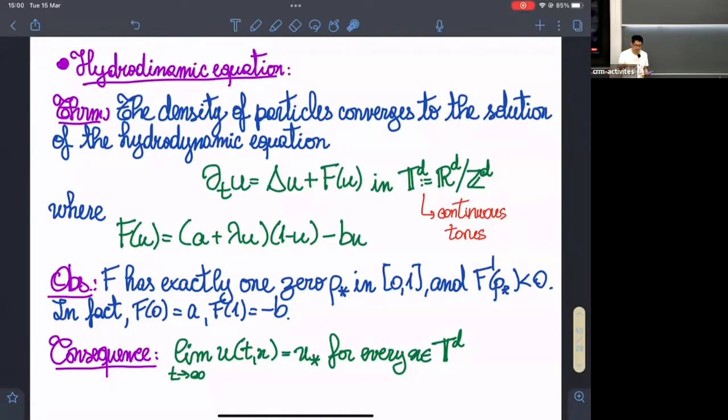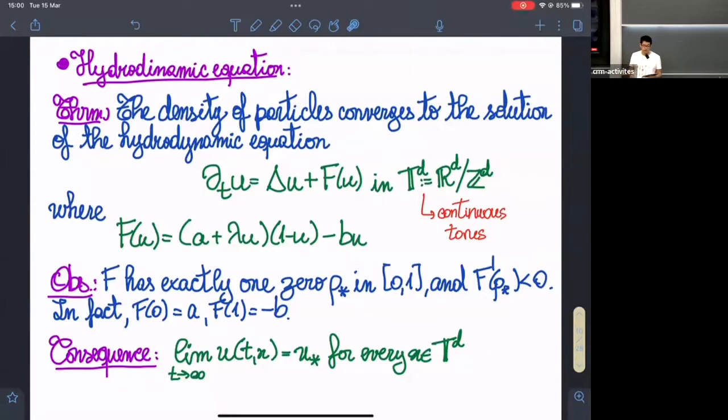You can take, I don't know, balls of size square root of n and take the average of particles there and call that the density of particles at some particular point. Whatever you do is probably going to be okay as a legitimate definition for what the density of particles is.